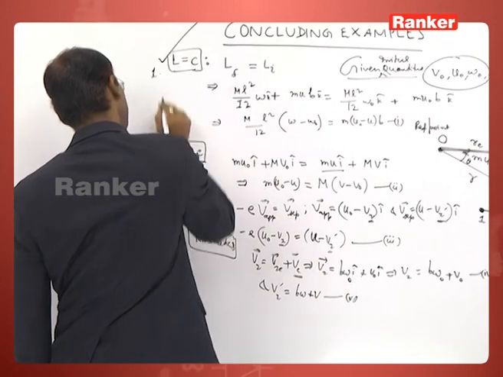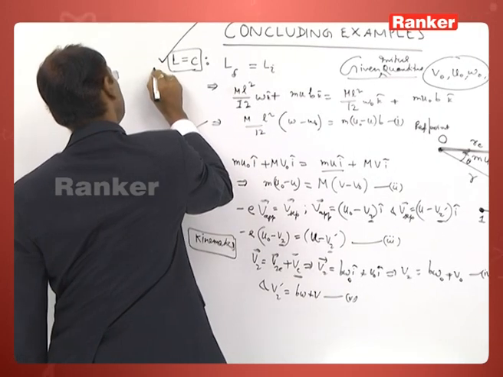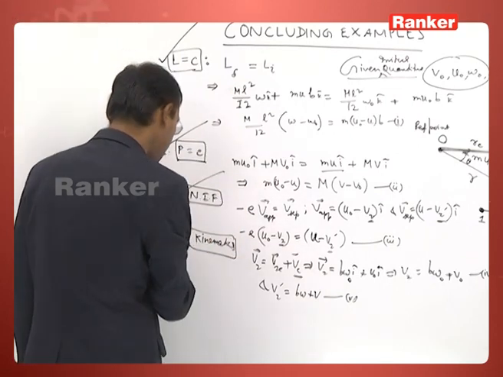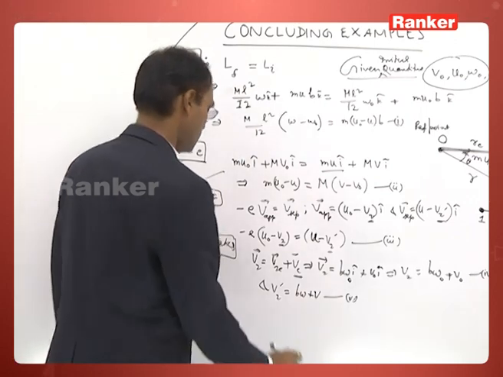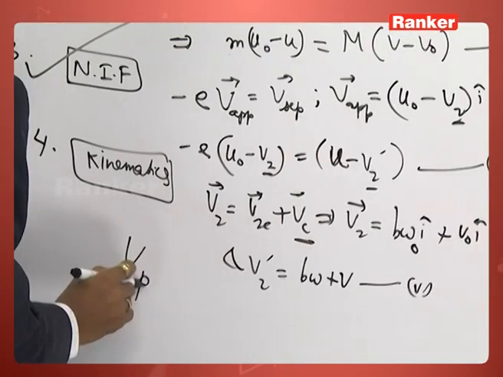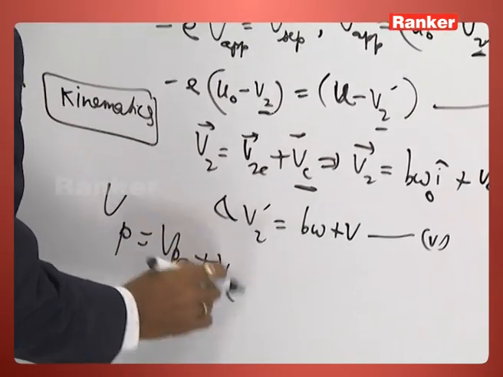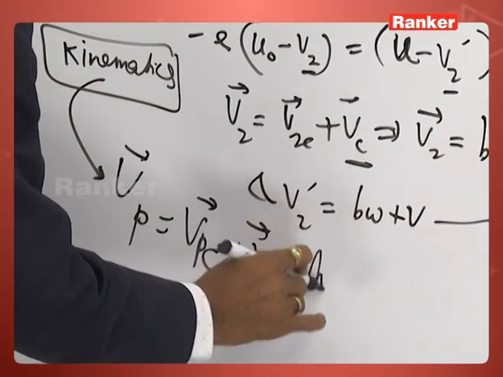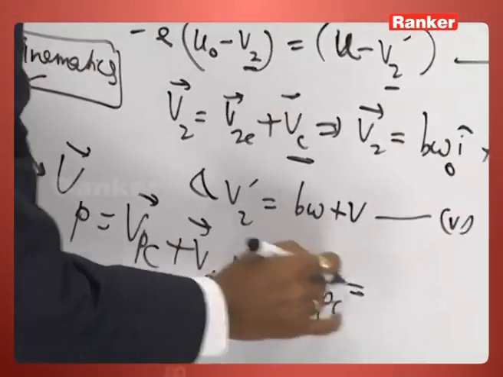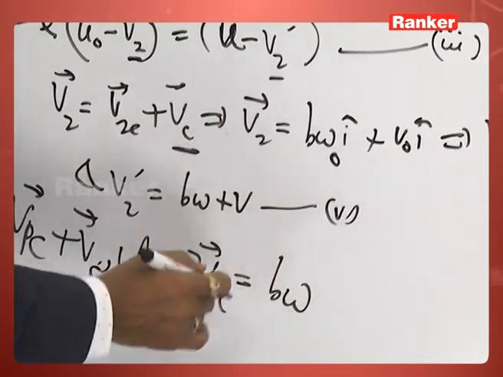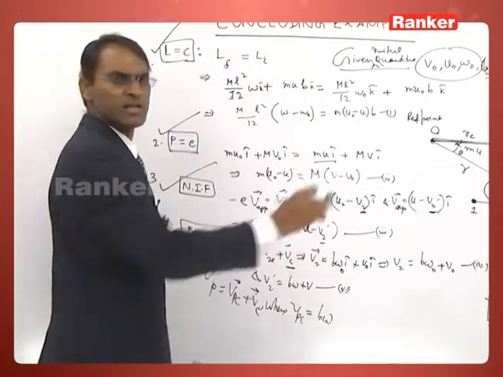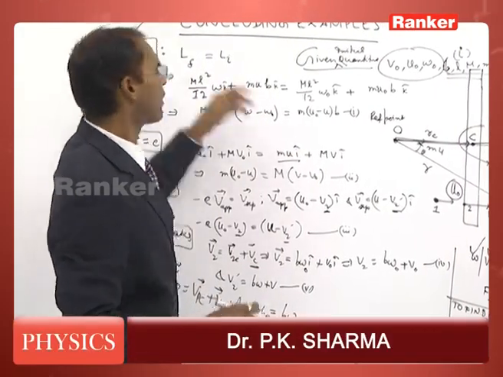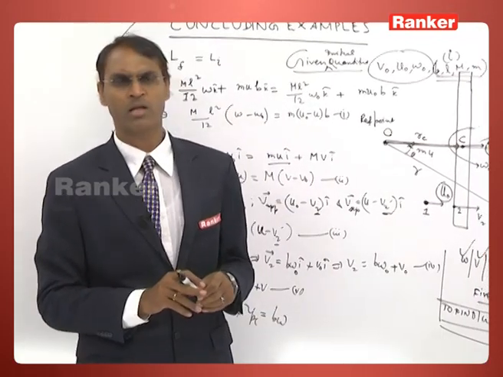Second is the conservation of linear momentum, third is Newton's empirical formula, and the fourth concept is kinematics of rotation: Vp is equal to Vpc plus Vc, where Vpc is equal to b into omega, and directions are given. In this way you can solve problems of collision of a rigid body with particles.